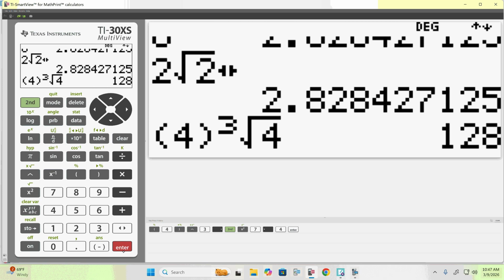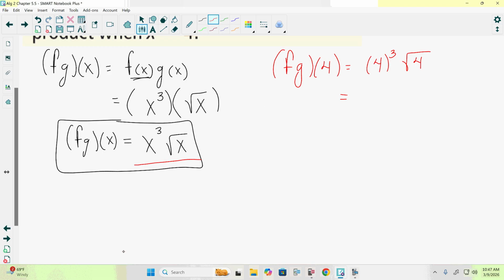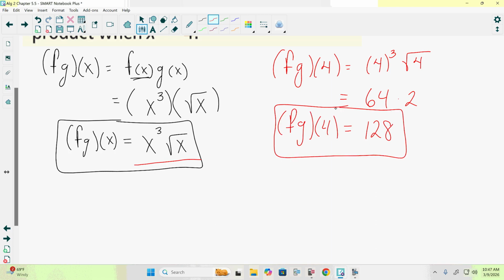Because 4 cubed is 64, square root of 4 is 2. So when we evaluate it for 4, we get 128.